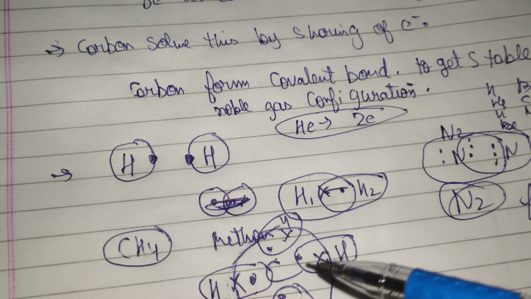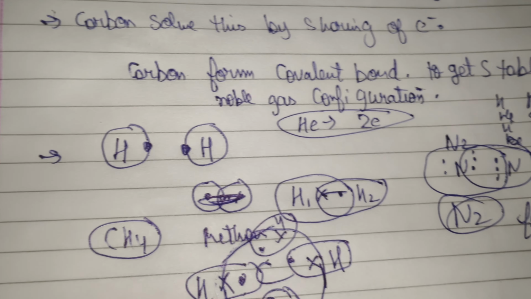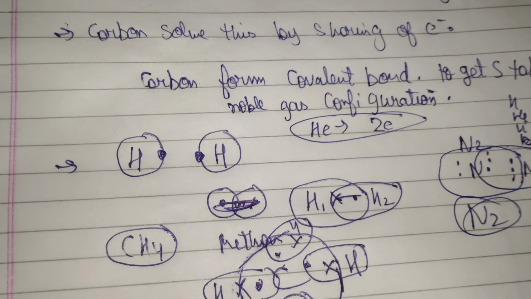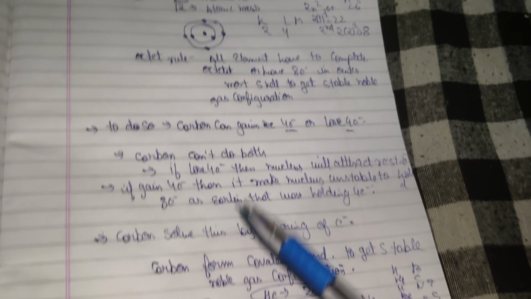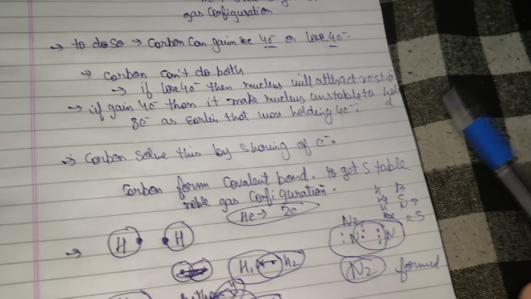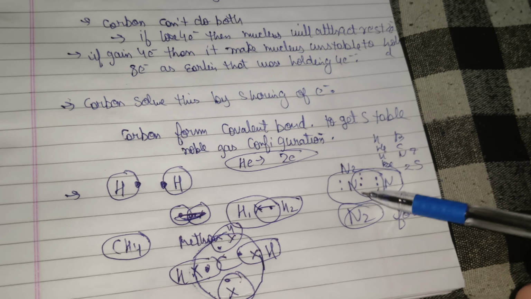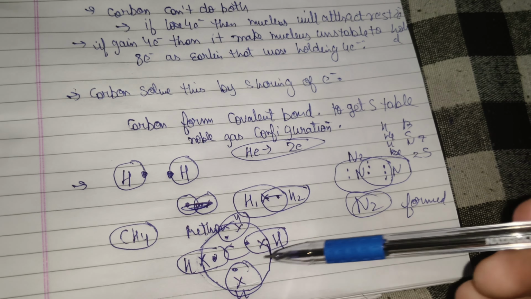This way a single carbon atom can be satisfied by 4 hydrogen atoms, and we see the same for nitrogen and for H2. Basically this is the introduction of the chapter: why covalent bonds are formed, why there is sharing of electrons, and why carbon uses the sharing method and not the other methods. The structure that we form is the Lewis dot structure, or electron dot structure, as the electrons are represented in dot form.